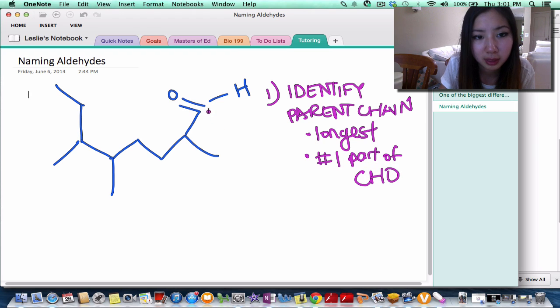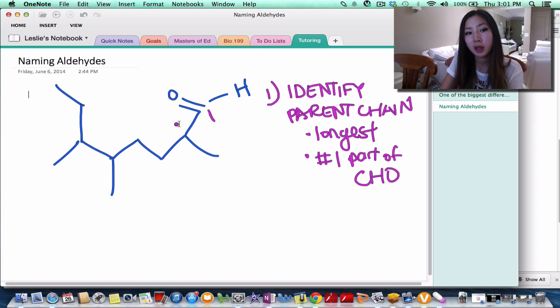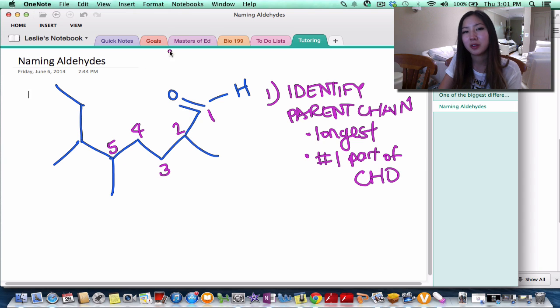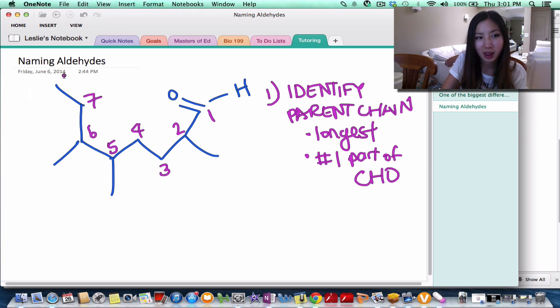So it's going to be this carbon will always be our first carbon. And then we want to take the longest route. So 1, 2, we could go to 3 over here, but we don't want to because that's too short. 1, 2, 3, 4, 5, and we could do 6 over here, but we don't want to, right, because that's also too short. So we'll do 1, 2, 3, 4, 5, 6, 7, and then 8.